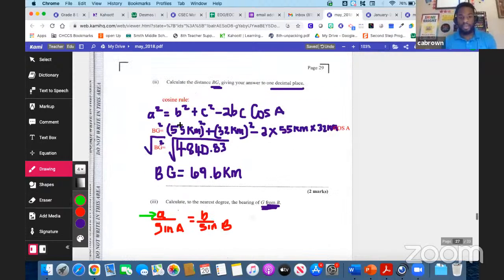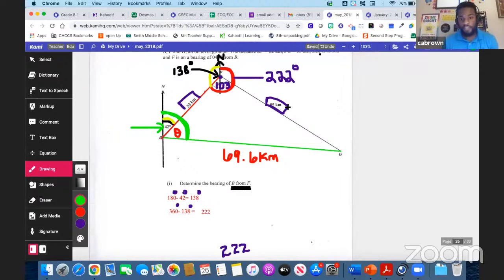I'm going to go ahead and use my 55 as a. The angle that we need to find is directly in front of 55.